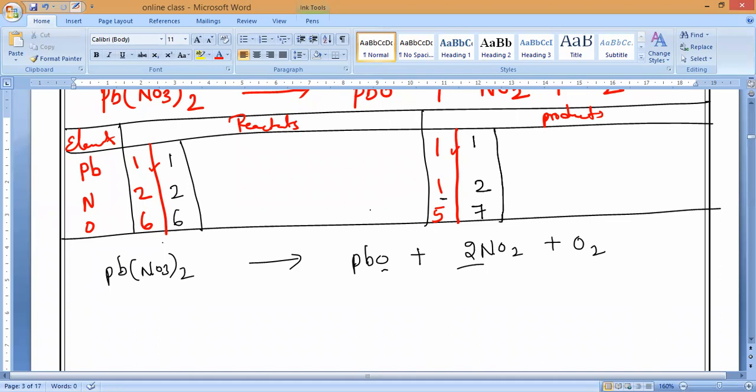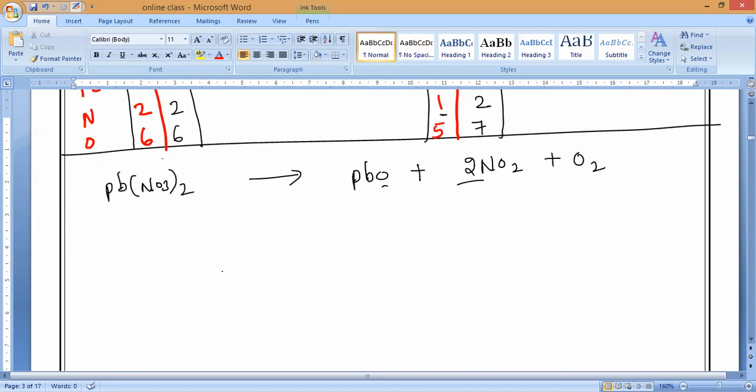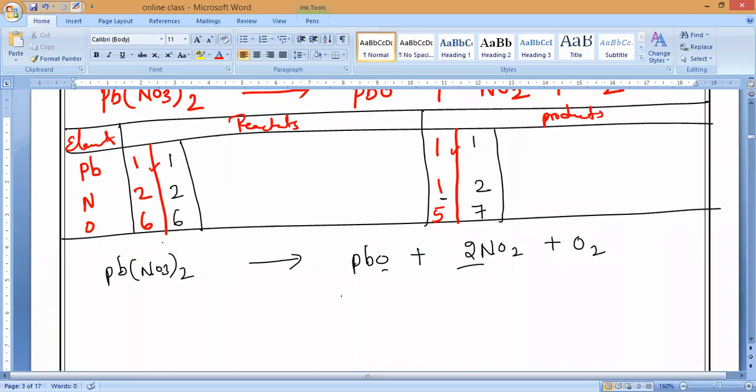Now notice carefully. By doing something, I can make oxygen balanced. This side, how many oxygens? 3 2s are 6. Now we have to follow it like the earlier equation, but we cannot balance oxygen alone here, because this side is 6 and this side is 7.